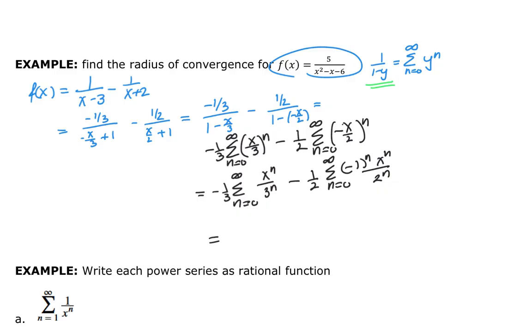Now I'm going to bring in this negative 1/3 and this negative 1/2. So I'm going to have the summation of n equals 0 to infinity of negative 1/3 multiplied by x to the n over 3 to the n, plus the summation of n equals 0 to infinity of negative 1 to the n, negative 1 over 2, x to the n over 2 to the n.